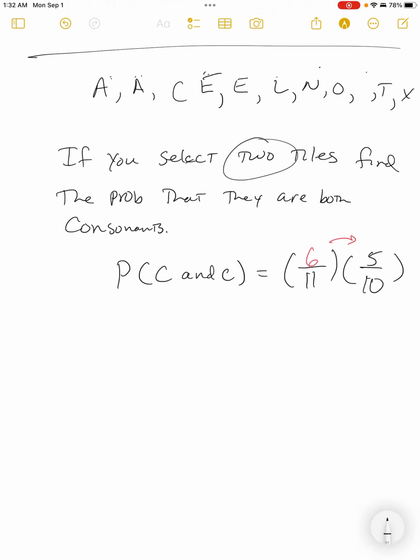This was a C, that's an E, and this is an N, T, X. So here's our list of tiles. What about this? The probability that the first one is a vowel and the second is a consonant.